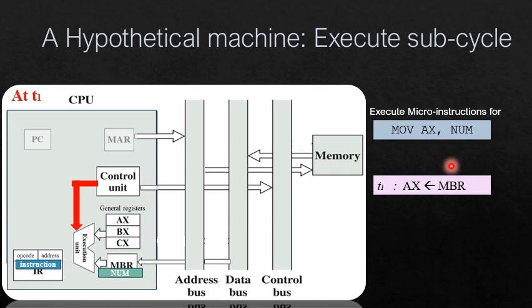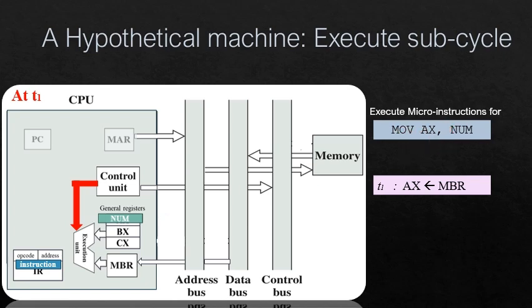So after fetch subcycle and operand fetch subcycle, the num value should have arrived at the MBR. And when it comes to the execute subcycle, it just needs to transfer the num value to the general purpose register AX. Okay, so this is the execution in the execute subcycle for move.